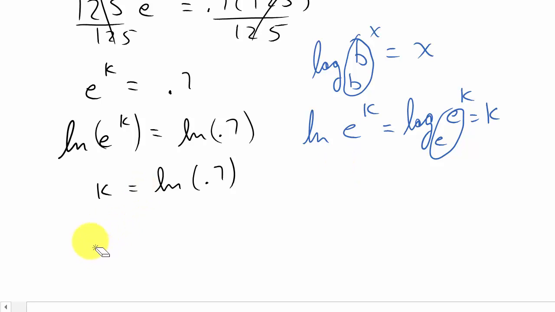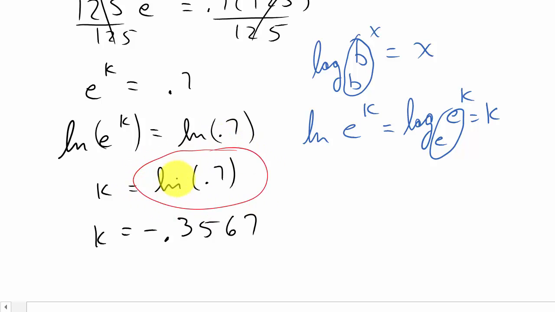I can punch this into my calculator, natural log of 0.7, and it's a bunch of decimal places. For the sake of this problem, I'm going to round it to 4. If you're working the problem, you probably want to write out all the decimal places. Another thing you could do is leave it like this and plug it in for k. But I would put all the decimal places your calculator gives you and not round it. All right, so there's k.